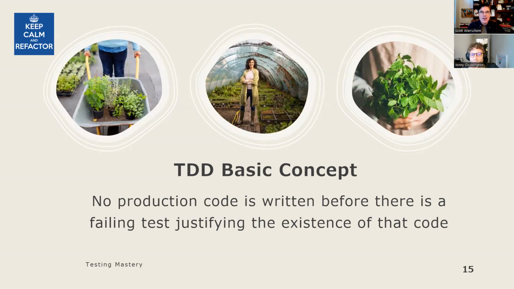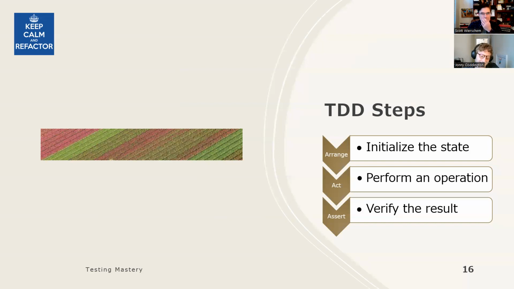Once you get practiced at doing this, you'll wonder how did I ever work effectively before? I can never work another way. You just feel dirty trying to write code without tests.